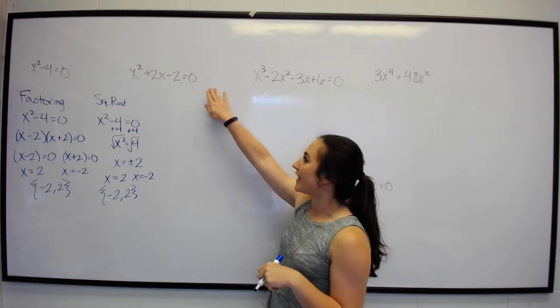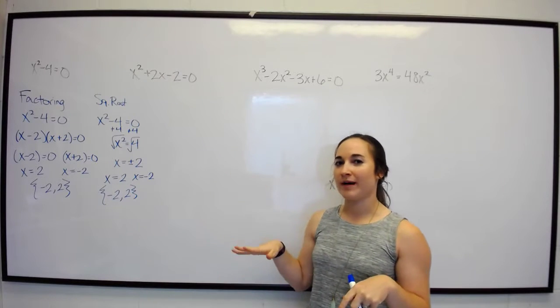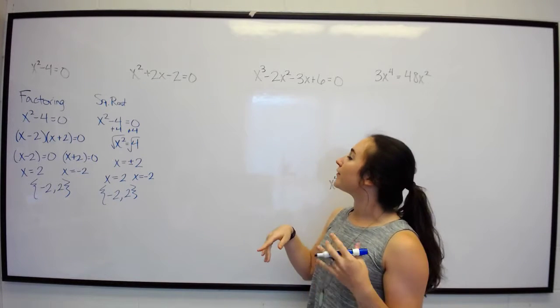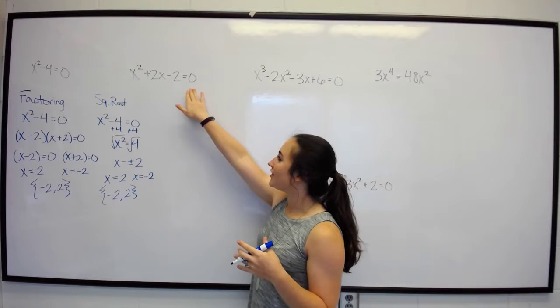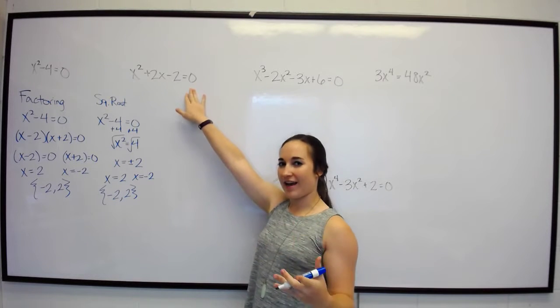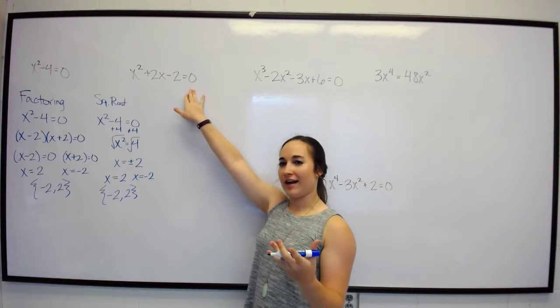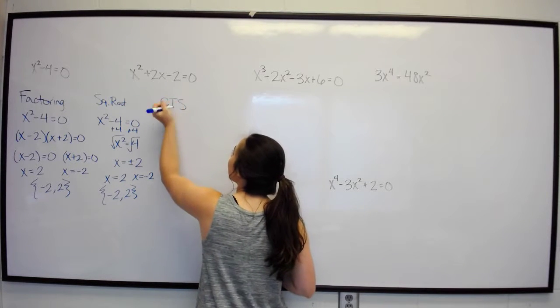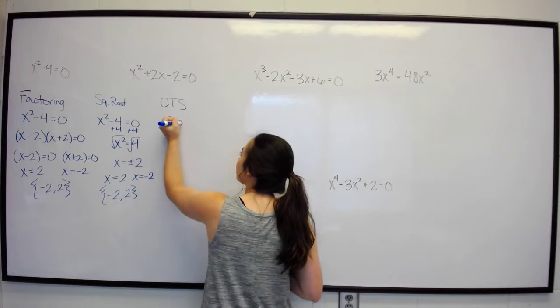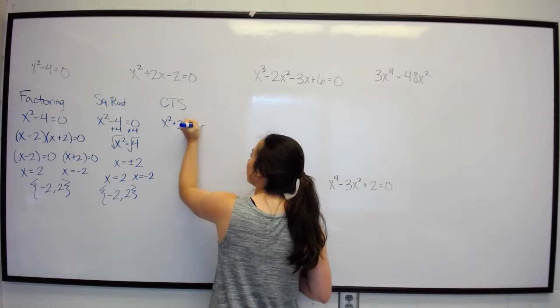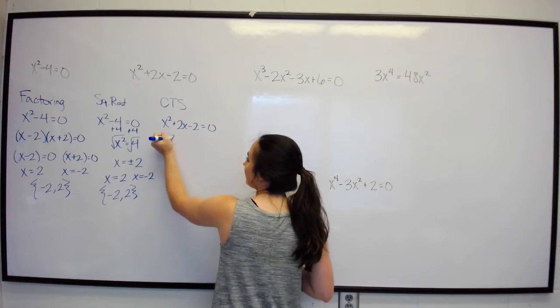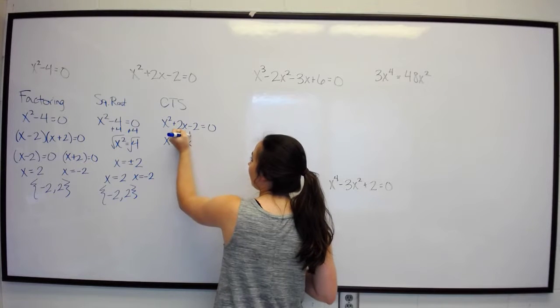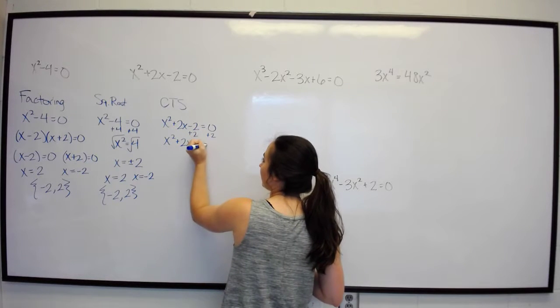Okay, looking at this one, we're going to solve by completing the square. And the reason we're doing that is if you look, you can see that we can't factor this one without having to do some extra work. So we're going to do this one by completing the square. What I do for completing the square is I get the x's on one side and the numbers on the other.